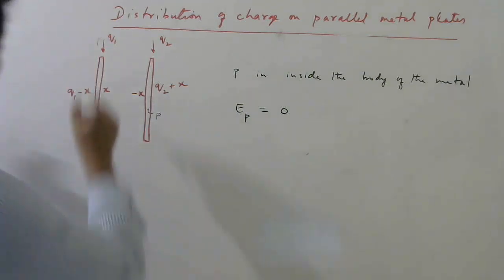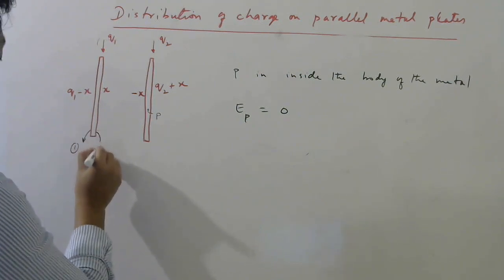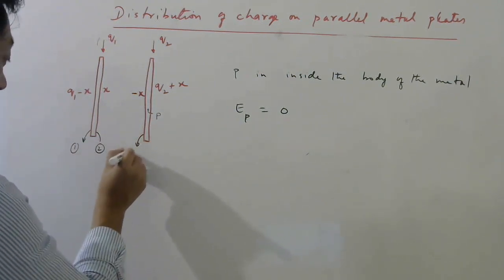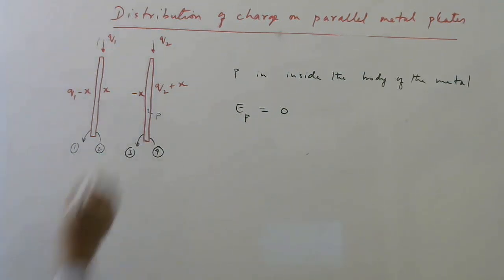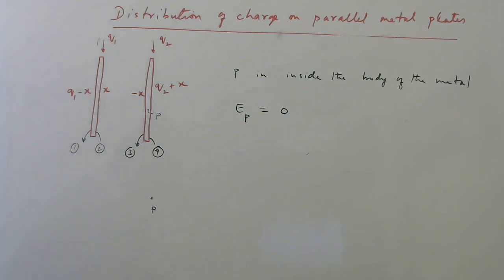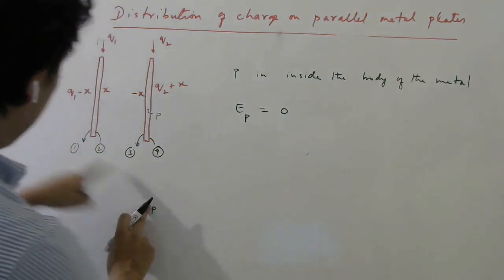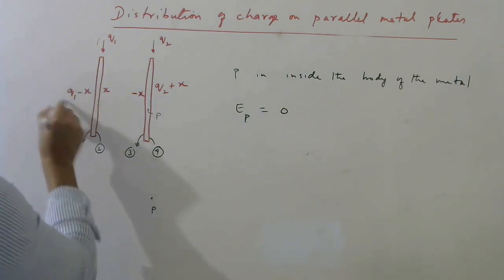So let us call this the first sheet of charge, this one the second sheet, third sheet, fourth sheet of charge. Let me write this point P separately here. Now tell me quickly, the electric field here due to this sheet, this is positive q. I am assuming x is smaller than q1.